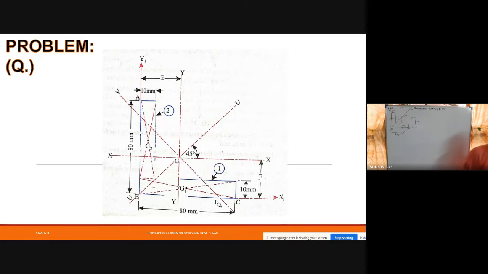The angle of inclination is already given as 45 degrees. The UU axis is at 45 degrees with respect to it, and we have two bodies, body 1 and body 2, also represented here.